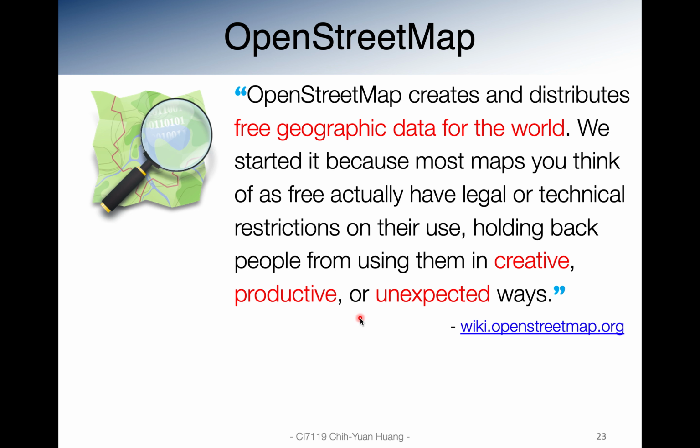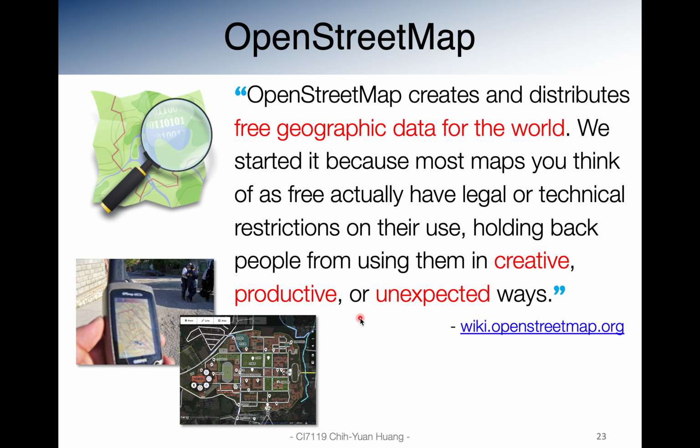Okay, so how exactly does the OpenStreetMap work? I believe many of you should already know. There are many different ways to create maps on the OpenStreetMap. You can bring a GPS recorder, record your trajectory, and then upload your GPS trajectory to the OpenStreetMap to map the street networks.